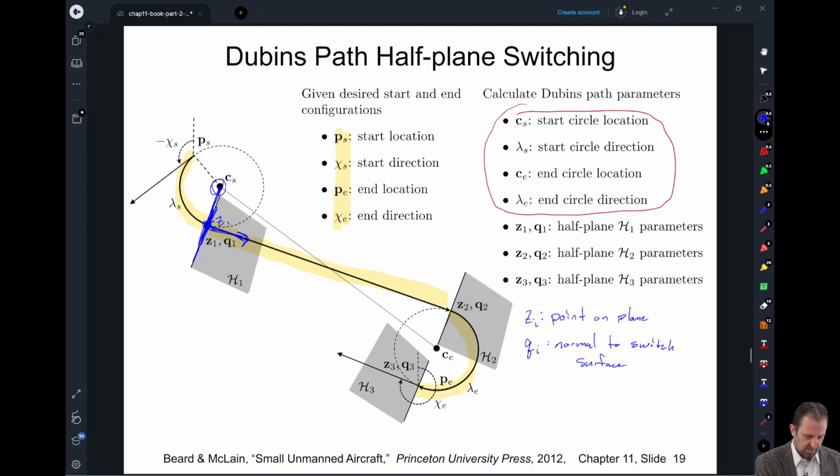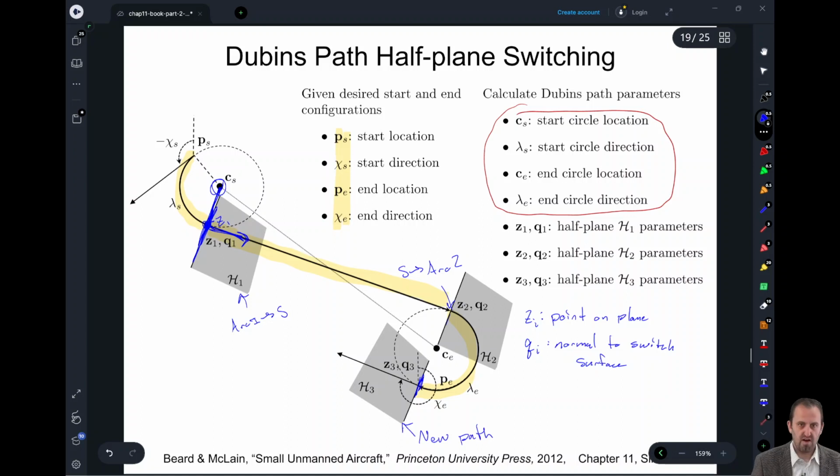H1 will help us switch from our arc 1 to the straight line. H2 will help us go from our straight line to arc 2. And H3 will help us go to a new path, so our following Dubin's path.